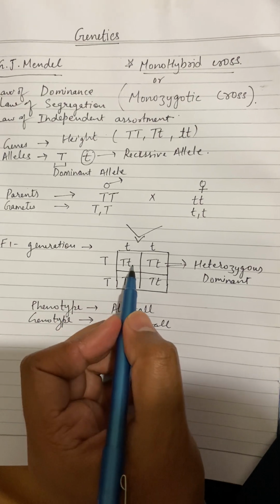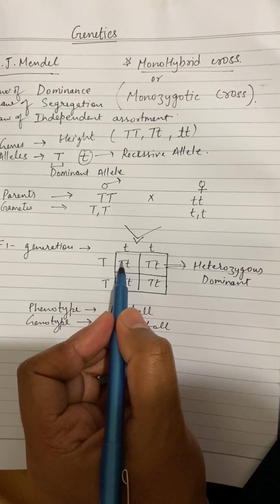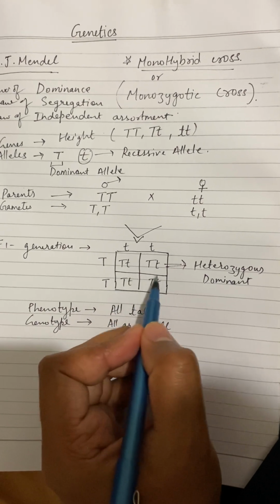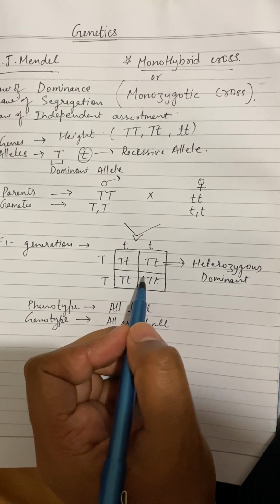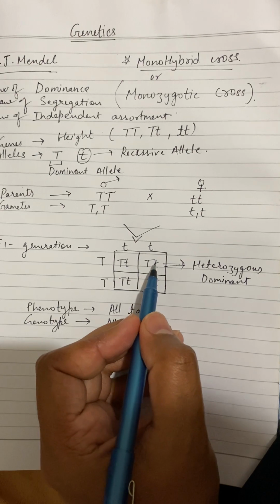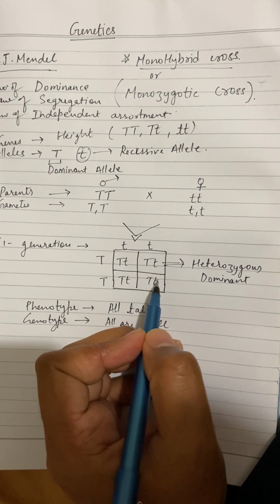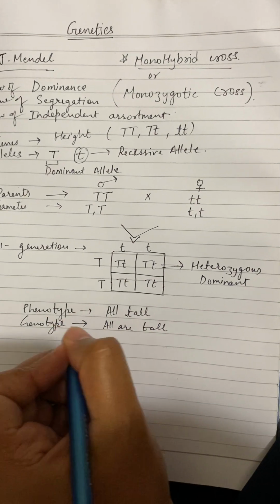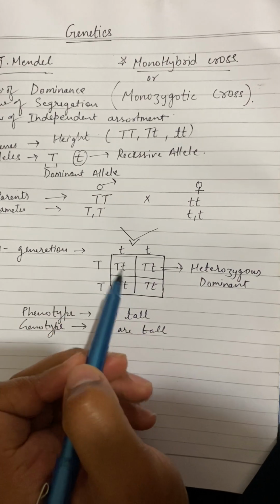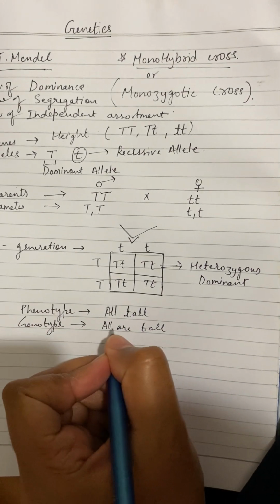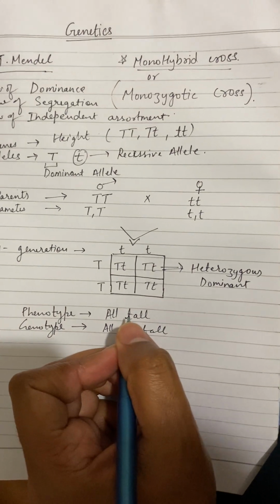Genotype means we need to check that all have the same set of alleles: capital T small t, capital T small t, capital T small t, capital T small t. These are called the genotype. Suppose capital T capital T is also present, then we can't write this; we need to write the ratio.